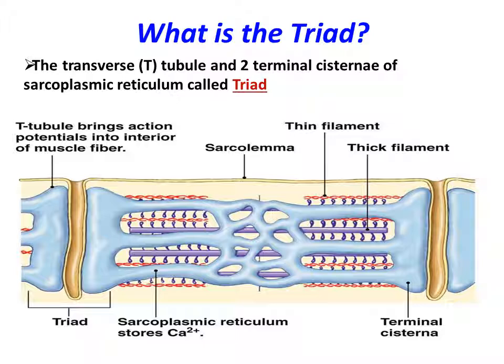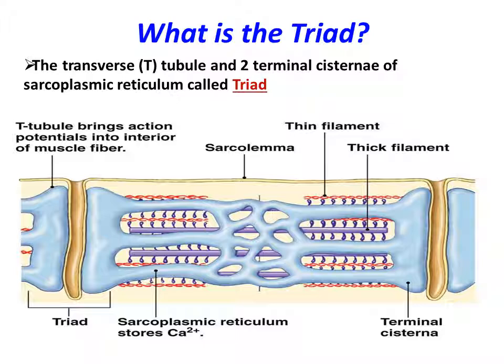What's triad? The transverse tubule and the two terminal cisternae of sarcoplasmic reticulum are called triad. As we see in the picture, terminal cisterna, blue color, on the left side, and another terminal cisterna, blue color, on the right, and the T-tubule in between.